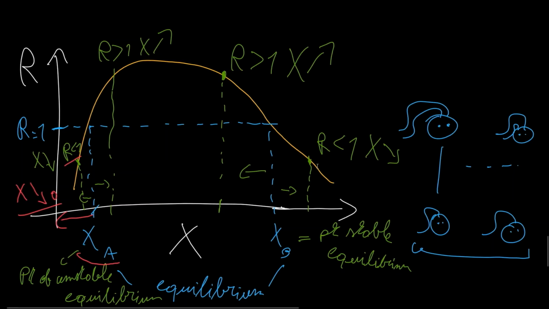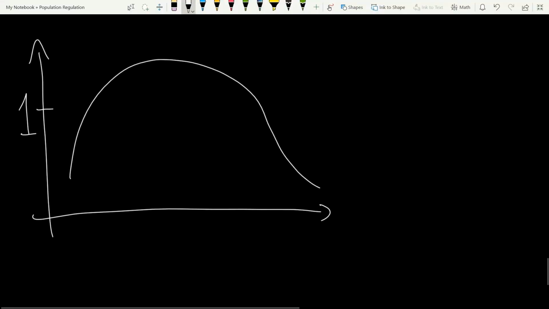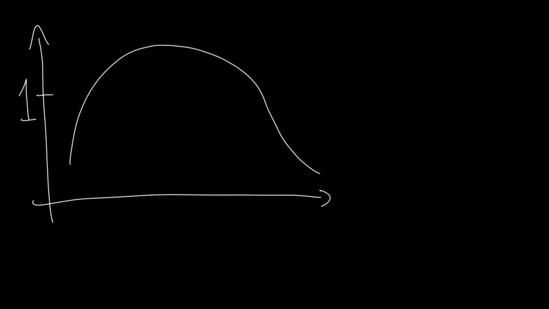Now, for clarity, let me redraw this graph somewhere here. So we would get the same as before. The graph would look something like this. And we want to know more about the behavior of the population around the point of stable equilibrium, so XB.